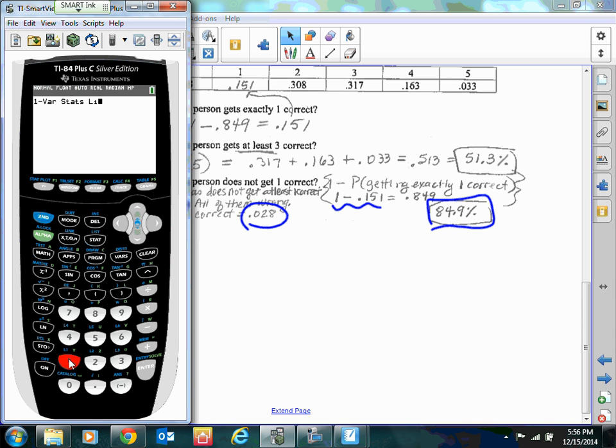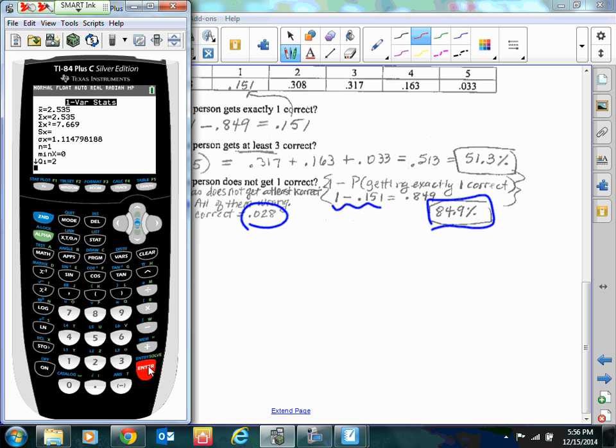Otherwise, put a comma and then second 2. So one variable stats L1, comma, L2 as the frequency, and then you compute that. Up here on top, X bar is the mean of X, and the standard deviation is 1.11. So that is how you find the mean and the standard deviation of that distribution.